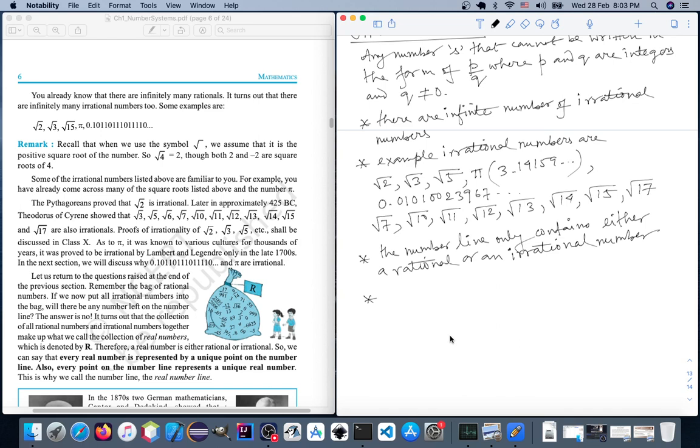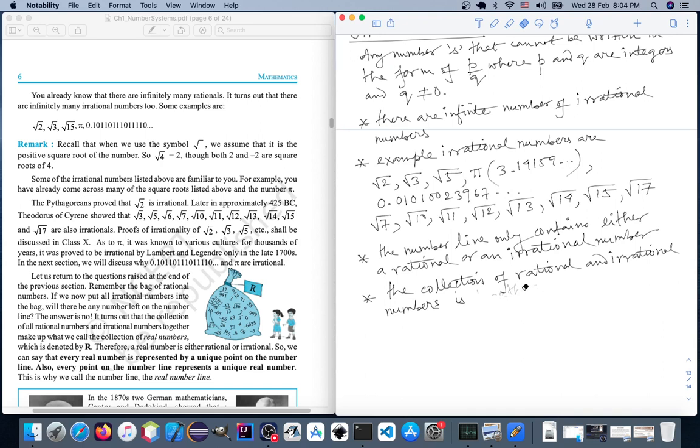Now, the collection of rational and irrational numbers is called real numbers.